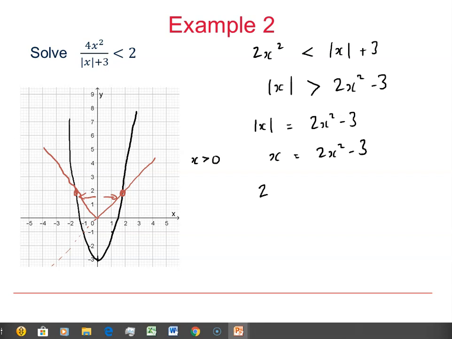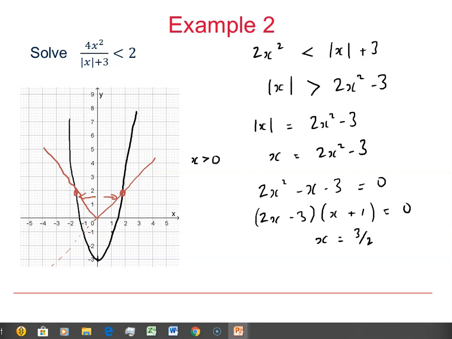So 2x squared minus x minus 3 is equal to 0. And that factorizes with 2x and x in the brackets, and the values we need are minus 3 and plus 1. So therefore x is equal to 3 over 2.